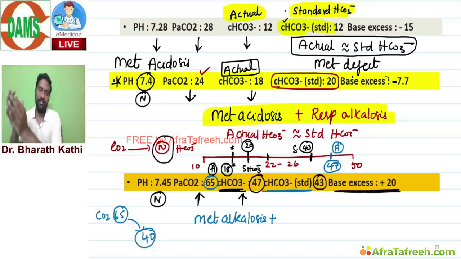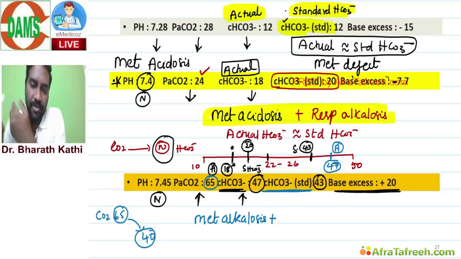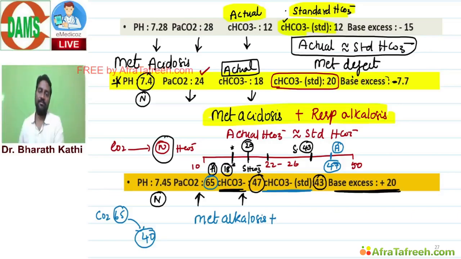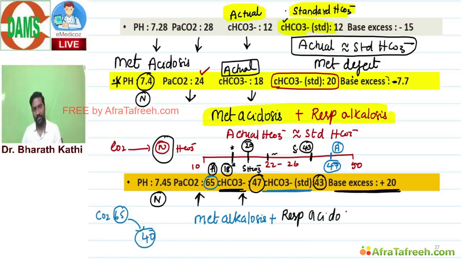It means until this time the change in bicarbonate was not just due to a metabolic phenomenon. There is also a coexisting respiratory phenomenon. So there is a respiratory defect also. Now what is the respiratory defect that can actually increase the bicarbonate? It is respiratory acidosis. So this patient is having both metabolic alkalosis and respiratory acidosis.